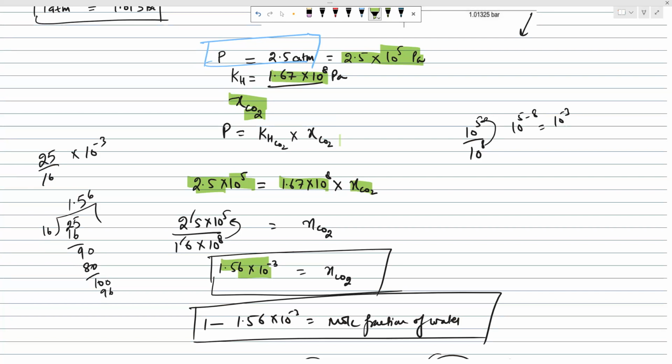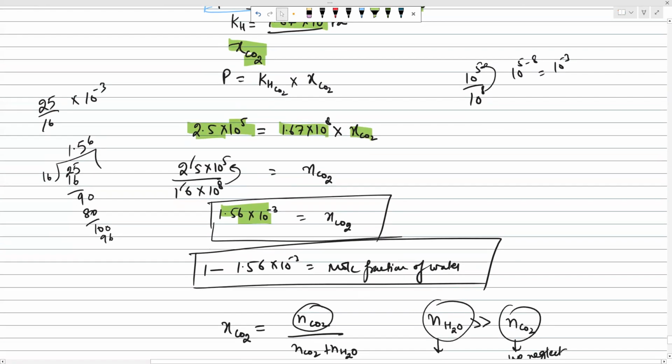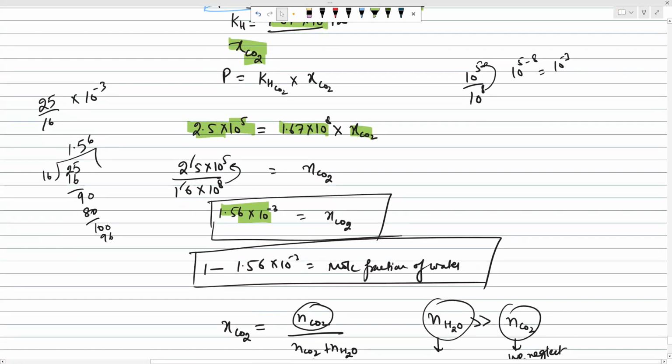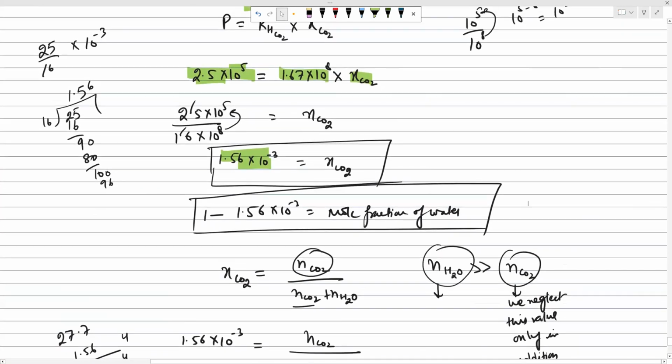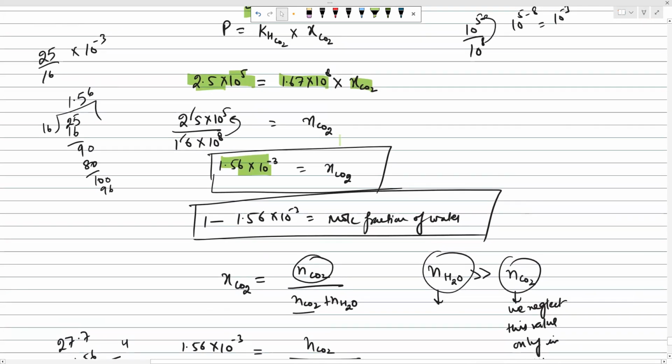This is the mole fraction of CO2. Understood? This mole fraction is very, very small. You can say it is 10 to the power -3, which is approximately 0.00156. When you put the decimal here, it shifts by 3 digits. So this is a very small number, which means the mole fraction of CO2 is very, very small.